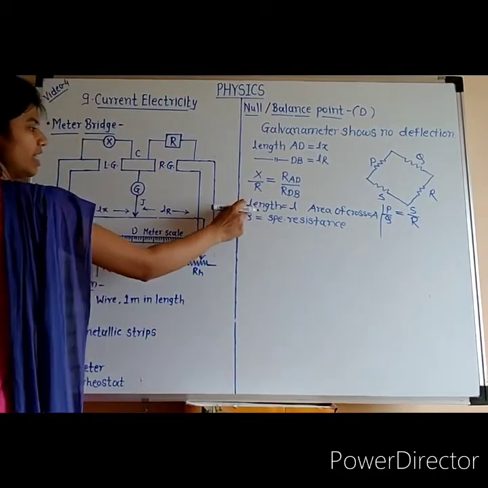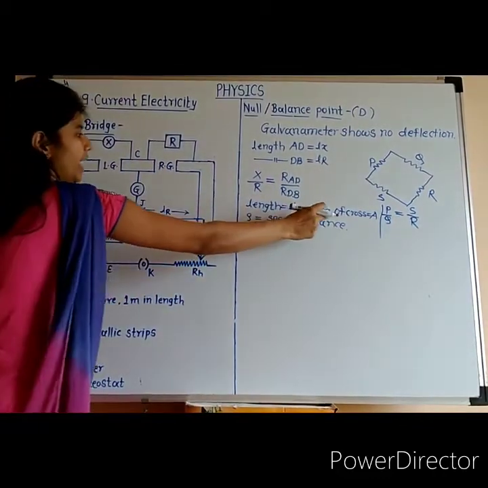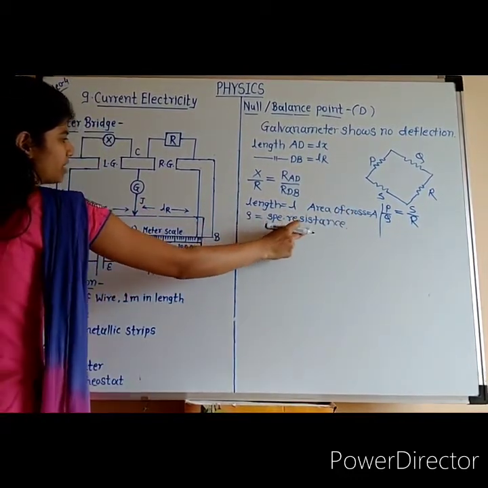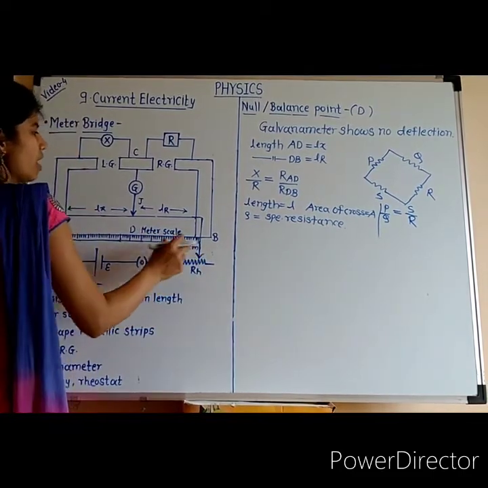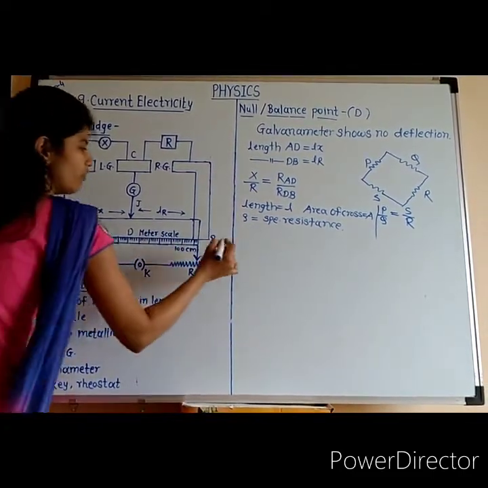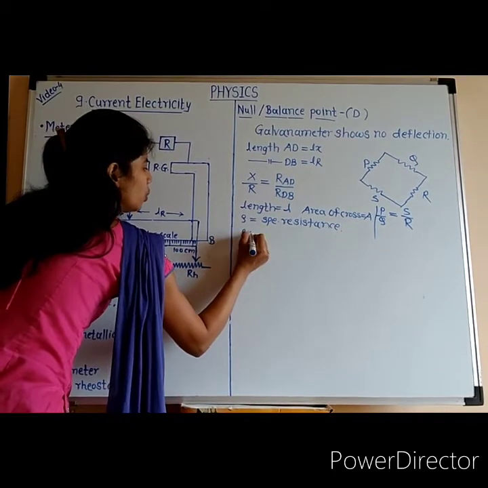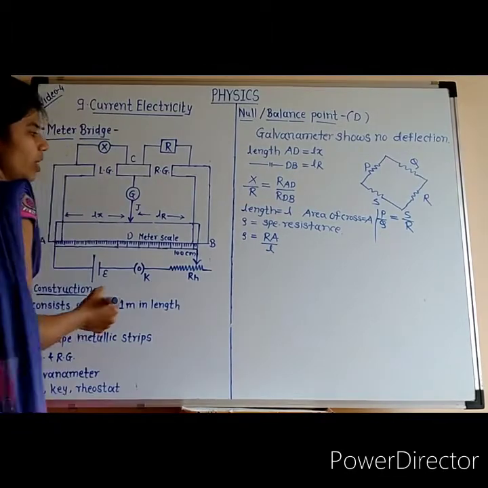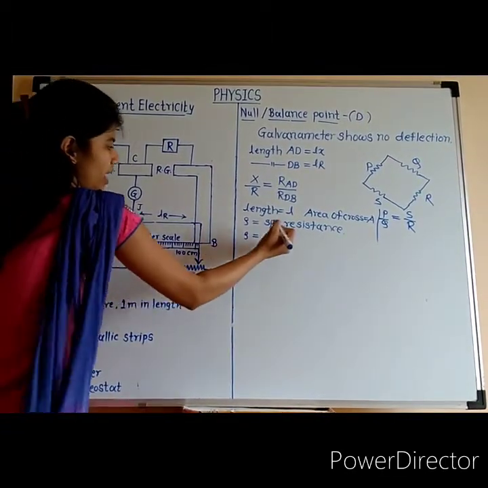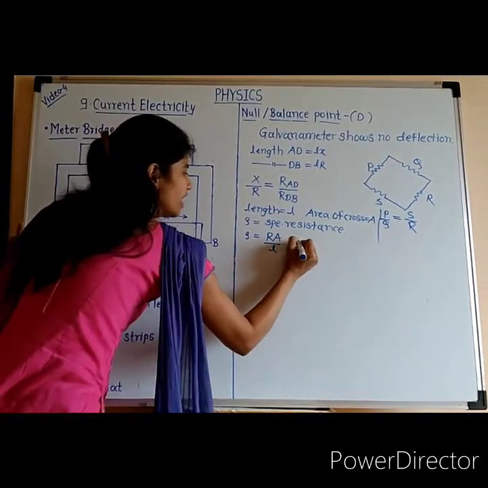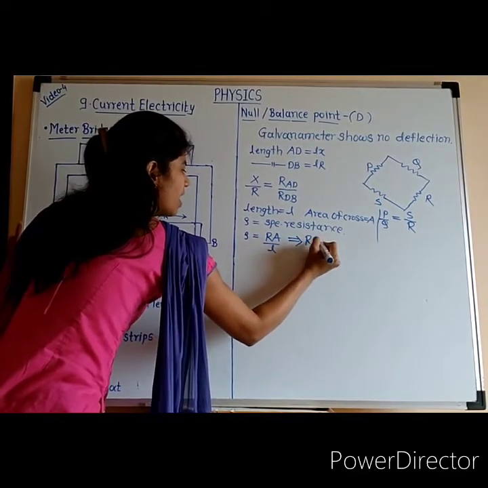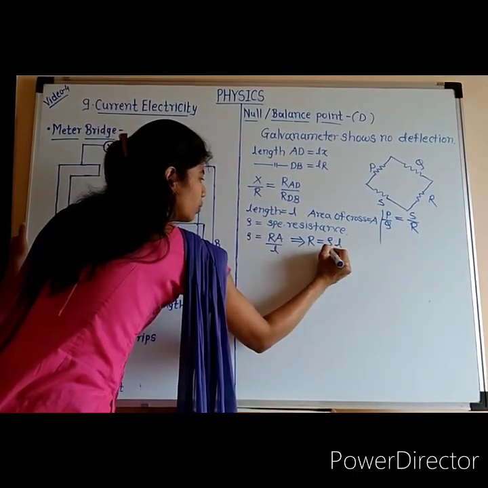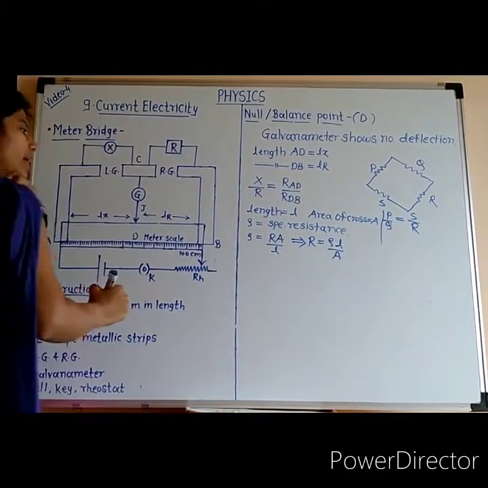Then we know the formula rho is equal to R A upon L. Hence we can write from this formula R is equal to rho into L upon A.